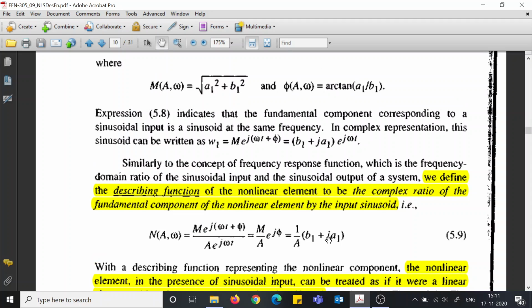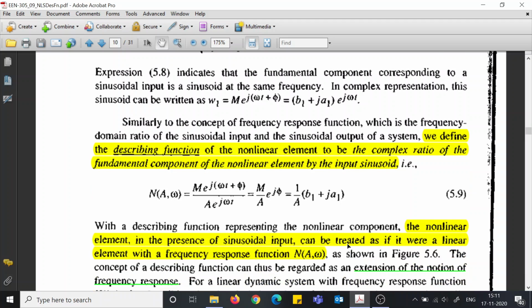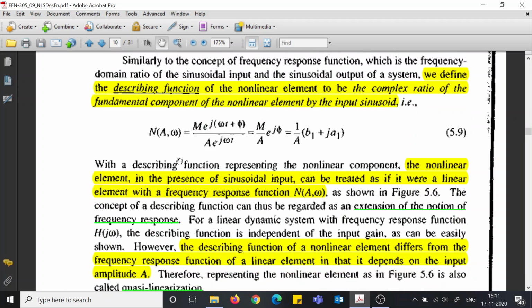So this is like 1 by A (b1 plus j a1). This is the describing function. It is basically a simple linear ratio of the output to the input.